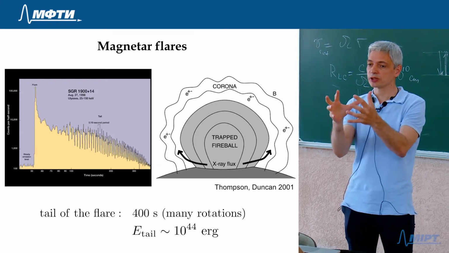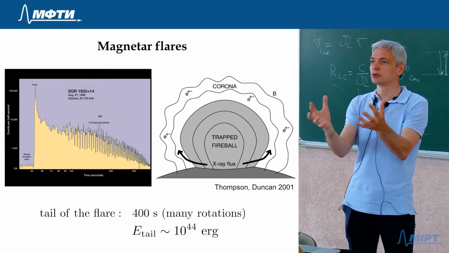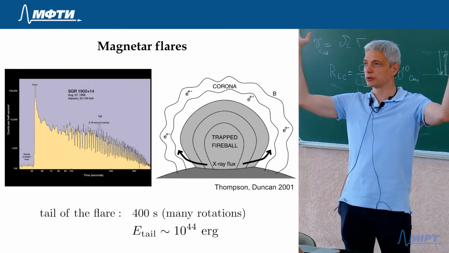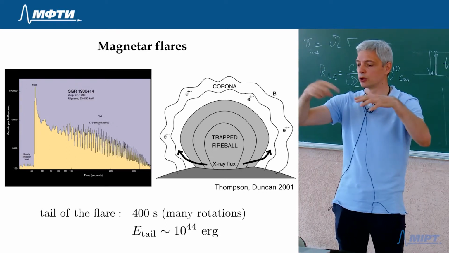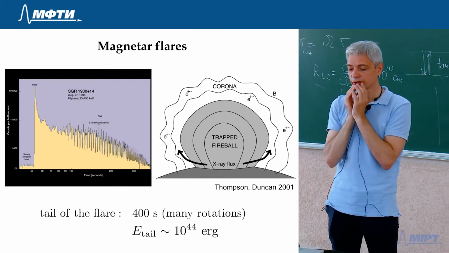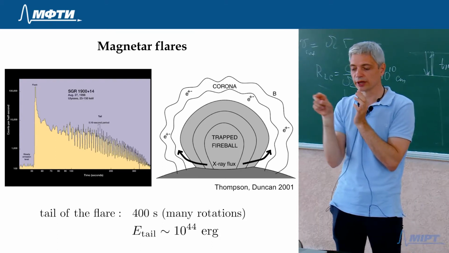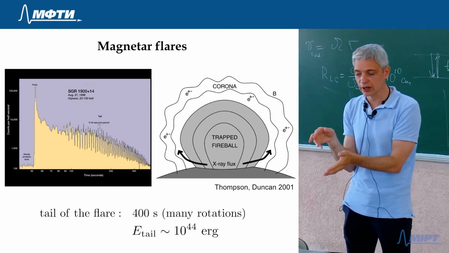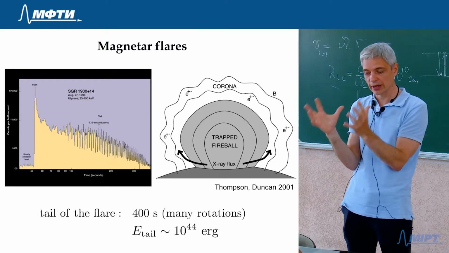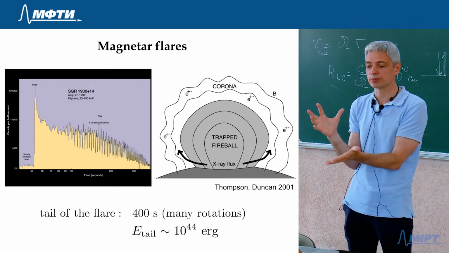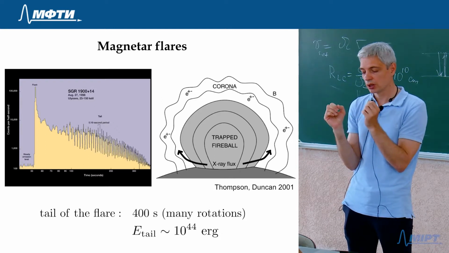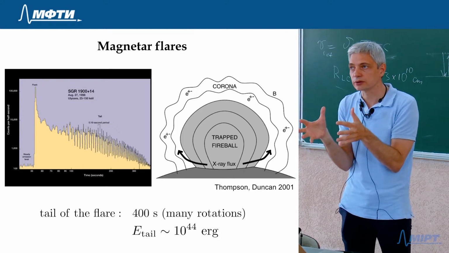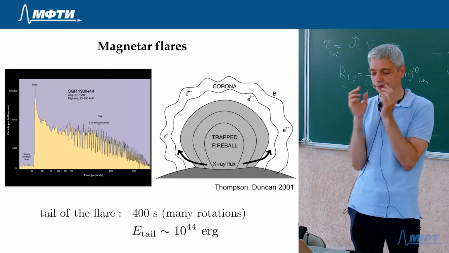If the plasma pressure is larger than the magnetic pressure, it's not going to stay there. It will just leave the system. There will be no rotational modulation. So the fact that we see this modulated tail, which has significant lifetime, means that there was a plasma cloud, which is capable of emitting bright non-thermal radiation, that is trapped by the magnetic field of the star.